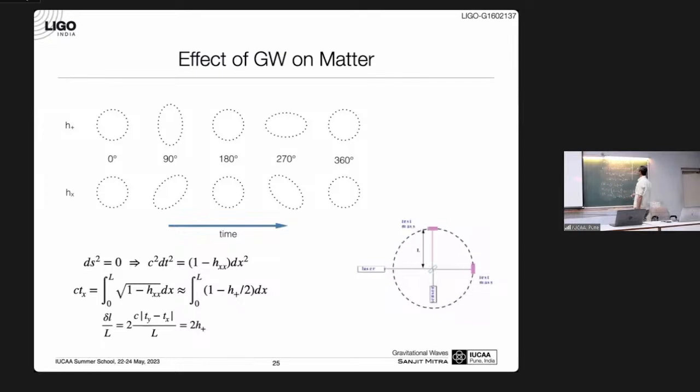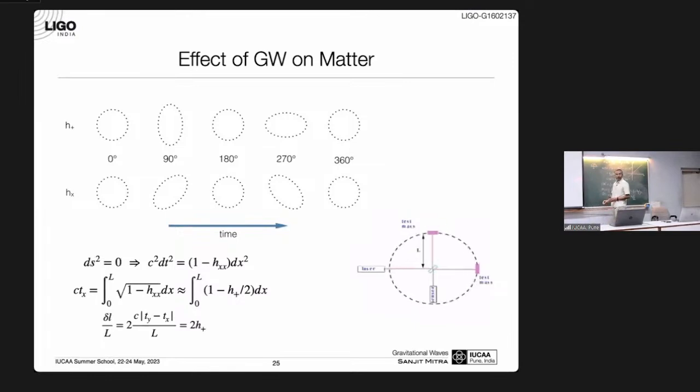The last thing I will just write what was written here. If you know the light travel time difference, which is delta tx, you could also convert it in terms of effective length change, right? So this delta tx times c will give you some kind of effective change in the light travel distance instead of light travel time.